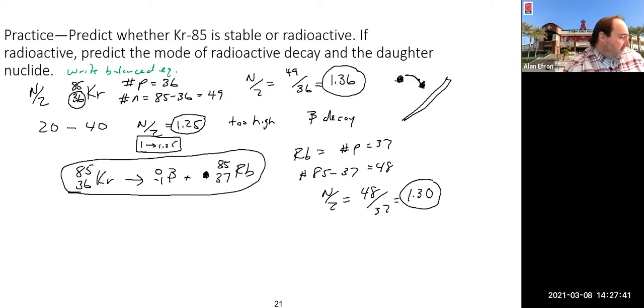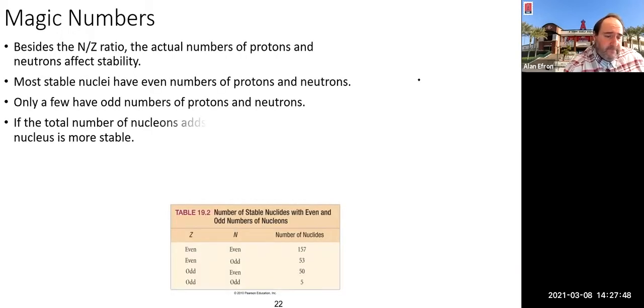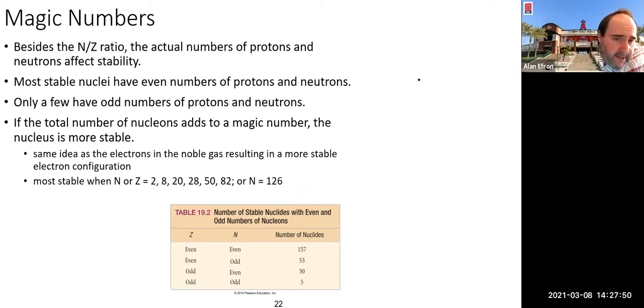So just to finish up talking a little bit about stability here, there are some other things that people look at in terms of stability. Although neutron to proton ratio is a pretty common one that people use, there are other things people look at in general, like whether you have even numbers of protons, even numbers of neutrons, and things of that nature.